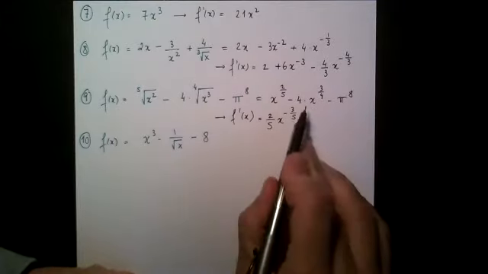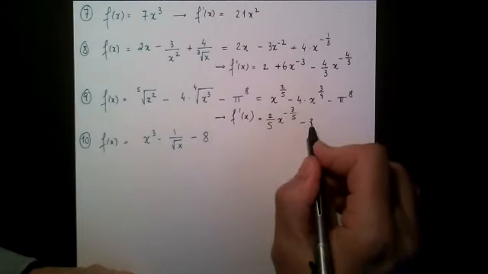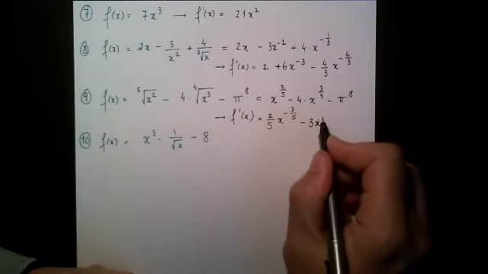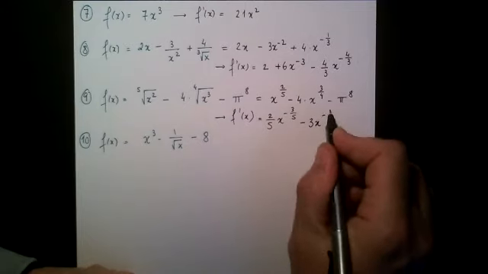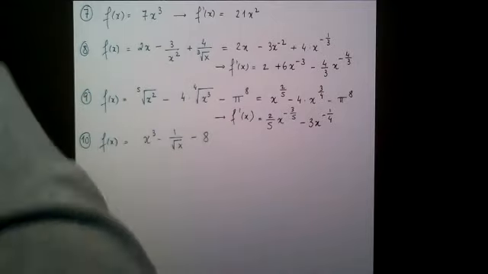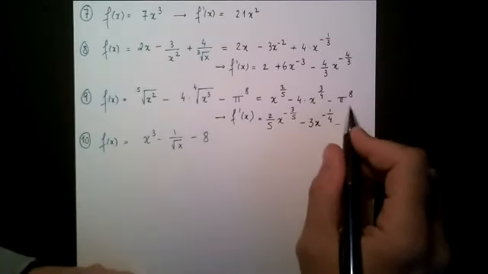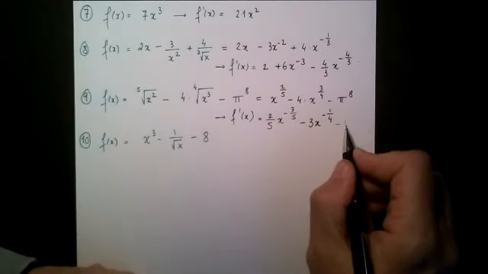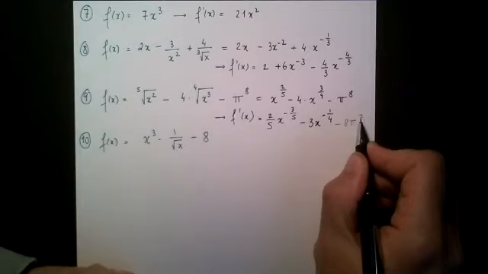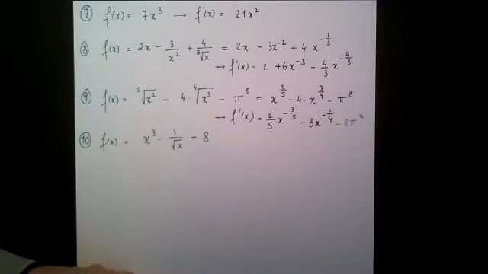Then minus 4 times 3/4 is minus 3 times x power 3/4 minus 1 is minus 1/4. And then minus, what is this? 8 times pi power 7. Is this okay?